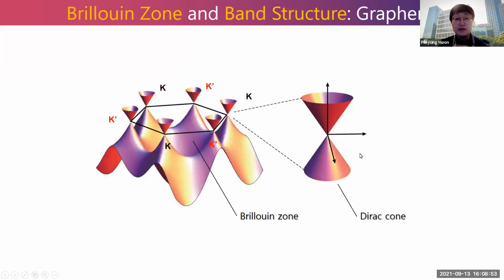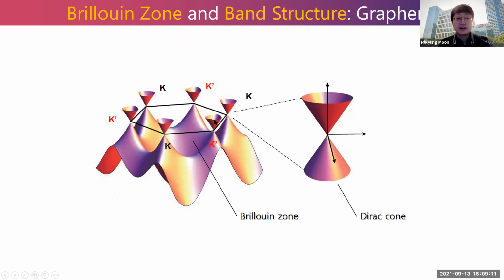Okay, so what does the electronic structure look like? This is the Brillouin zone and electronic structure of graphene. Graphene has a hexagonal Brillouin zone and has a Dirac cone, the linear dispersion at the corner of the Brillouin zone.